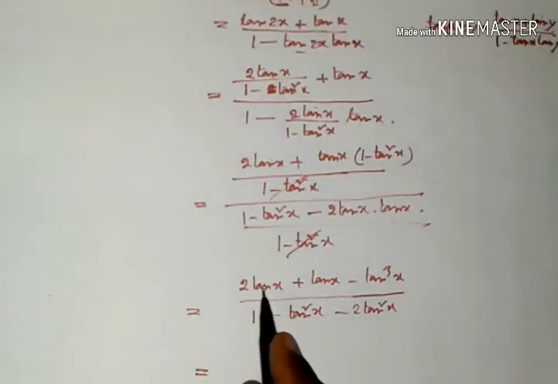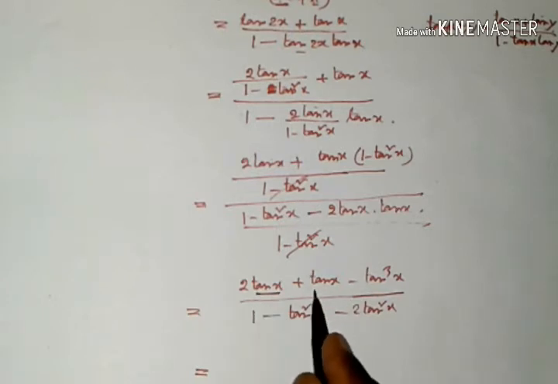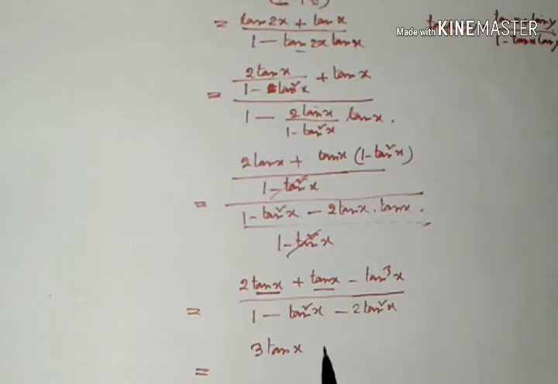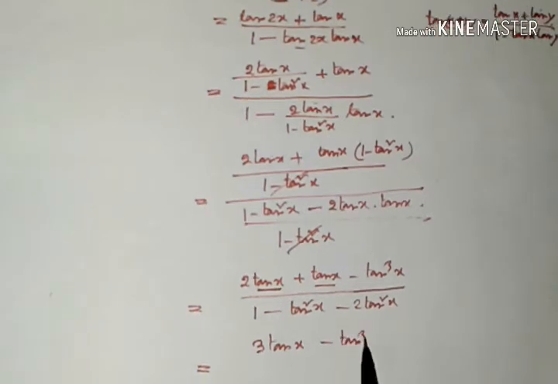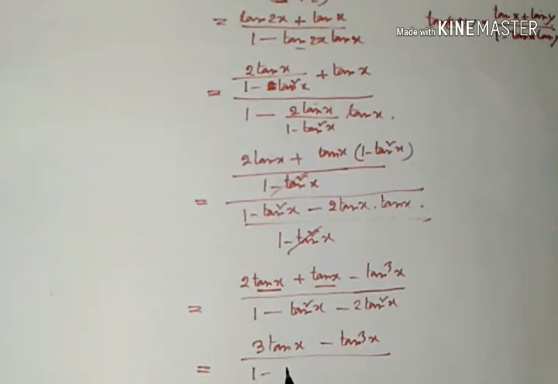From this we can write 2 tan x plus tan x, 3 tan x minus tan cube x, over 1 minus 3 tan square x.